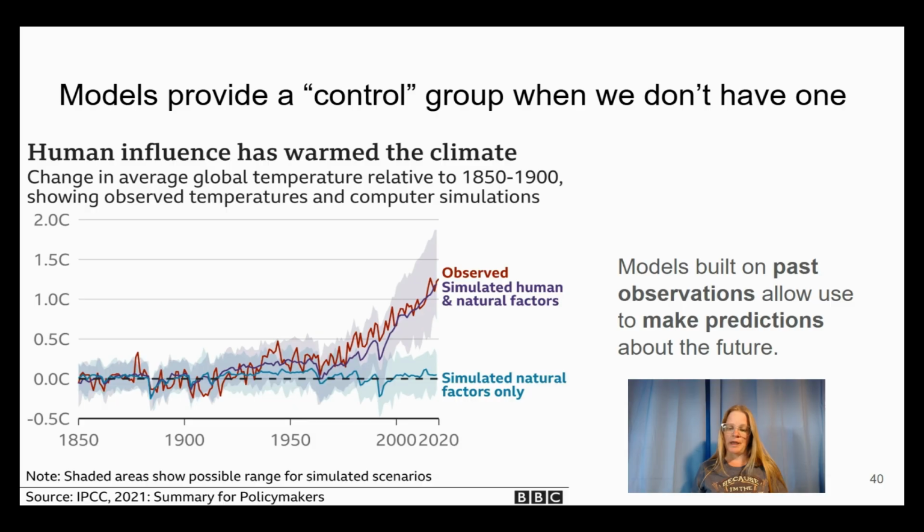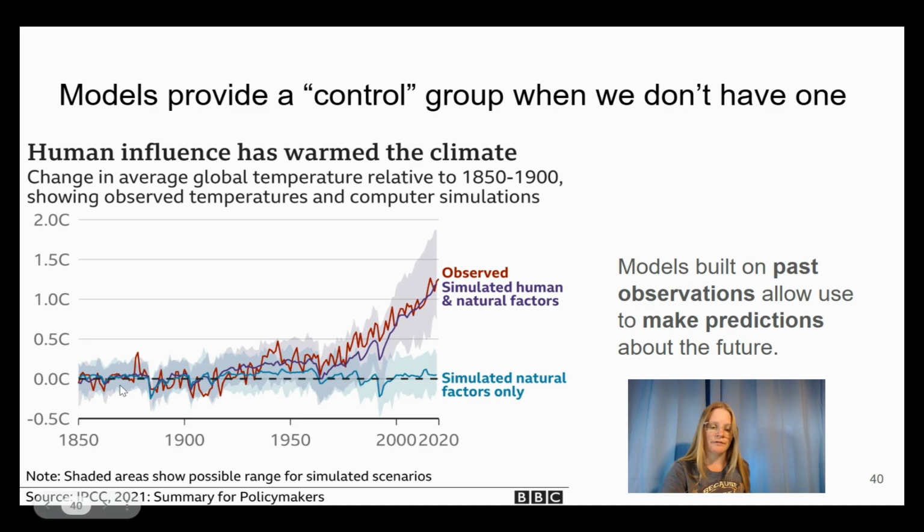The Intergovernmental Panel on Climate Change, an international body of scientists, policymakers, economists, and a bunch of other really smart people, releases a report every 5 to 7 years on the state of climate globally. In the 2021 report, they included climate models that disentangle the natural causes of climate change, like volcanoes and wildfires, from the human-caused sources of climate change.